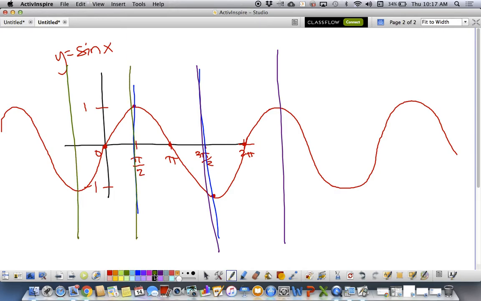Okay. Any of those. How far is it from a trough to a crest, crest to a trough? How far are we going in any of that? Pi. Okay? So if we take one section, 1 pi out of this, we can make it pass the horizontal line test and have a 1-to-1 function.